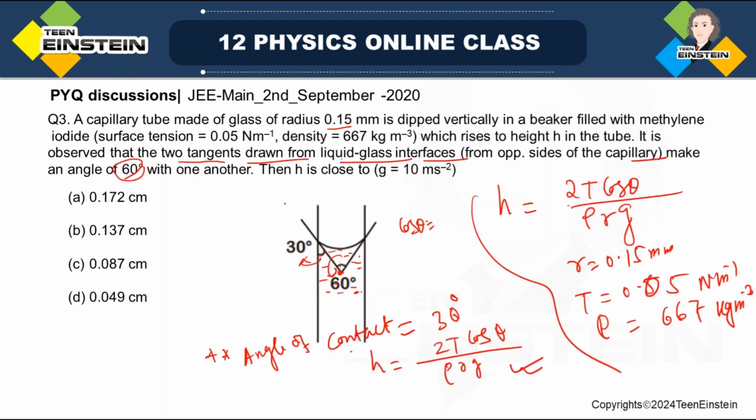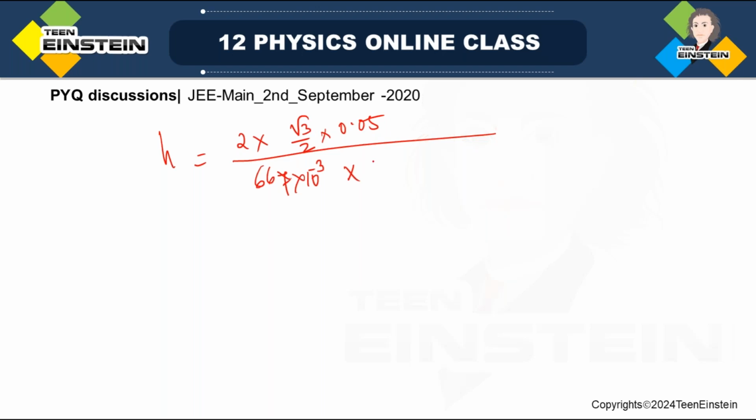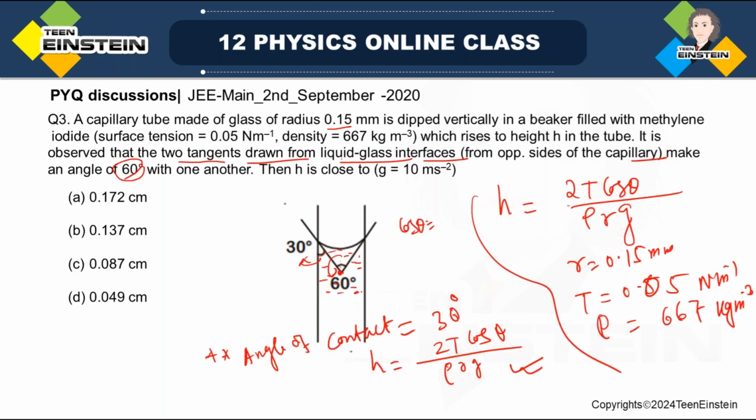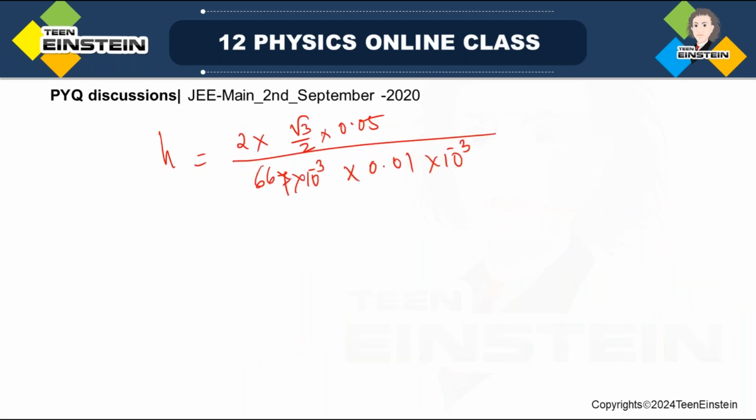The radius is 0.1, this is millimeter, so I have to make it meter. And g I have to multiply by 10.